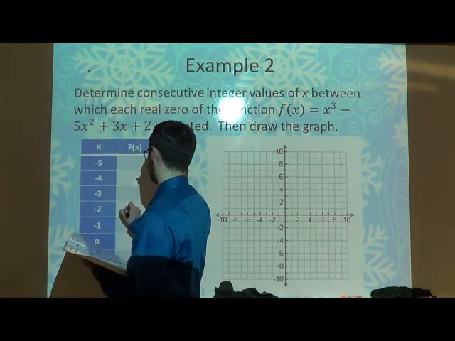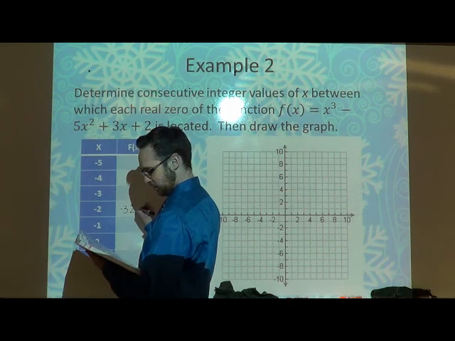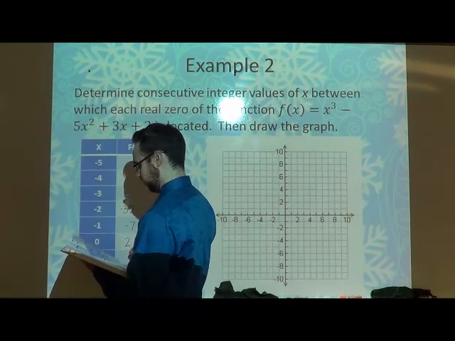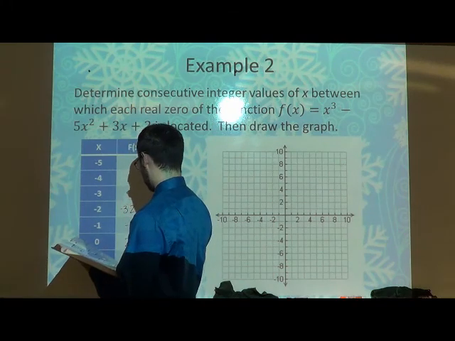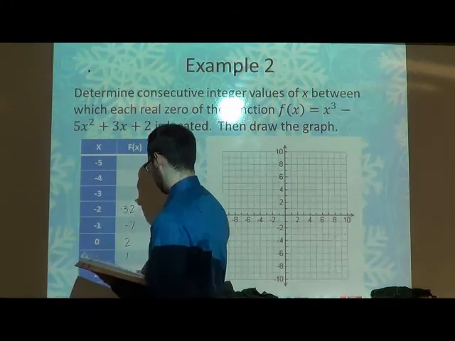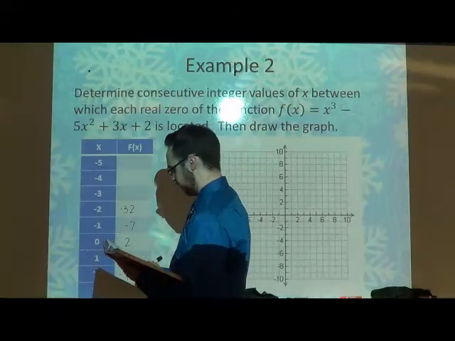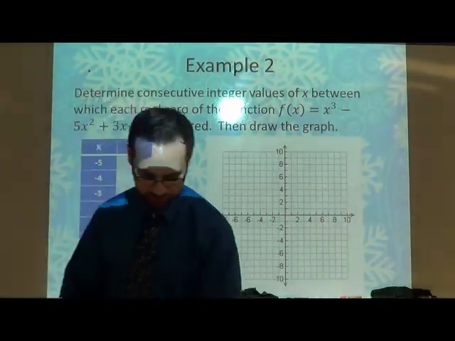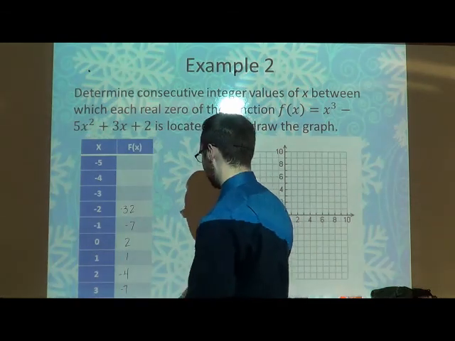So we'll just start here: negative 2 is negative 32, negative 7, 2, 1, negative 4, negative 7. And then I'm actually going to change that and continue on down to 4 and 5.